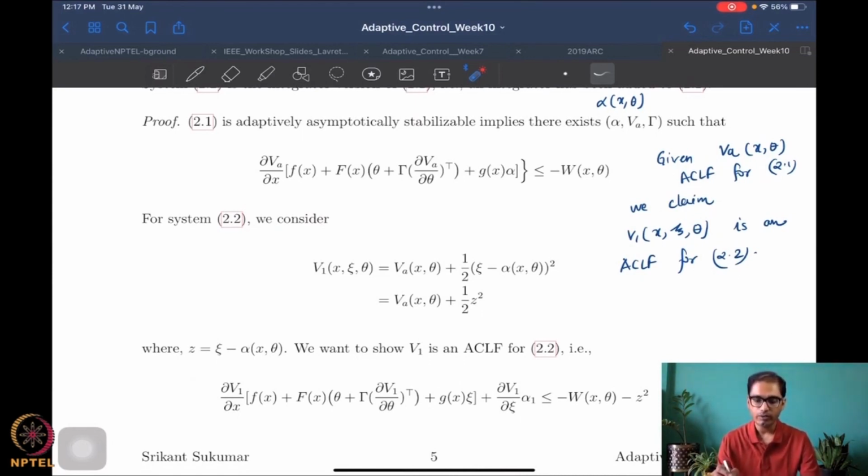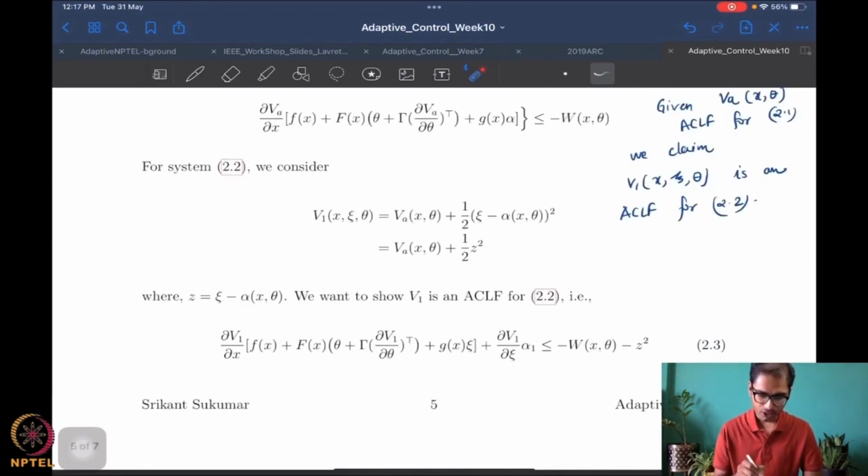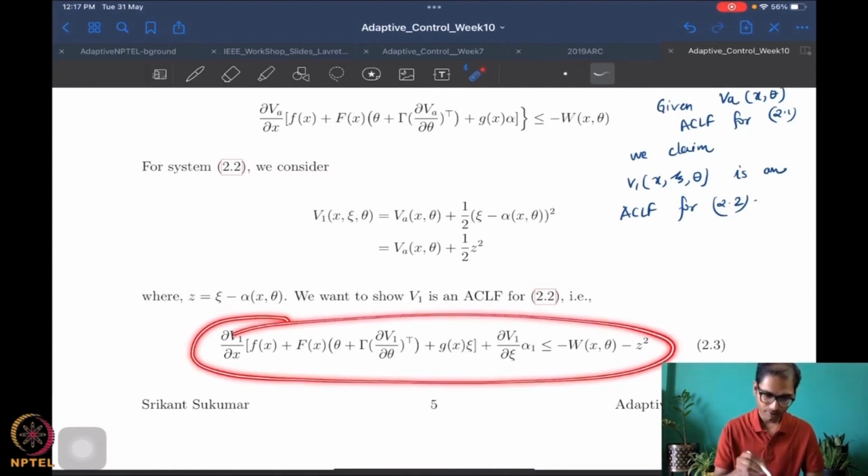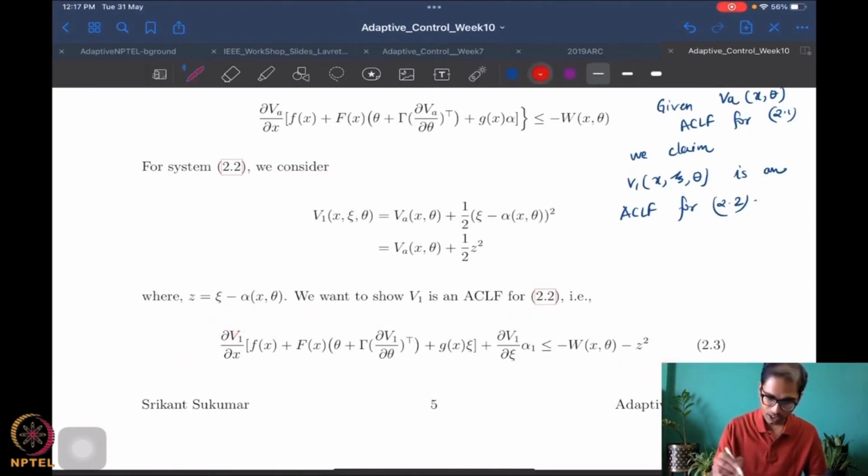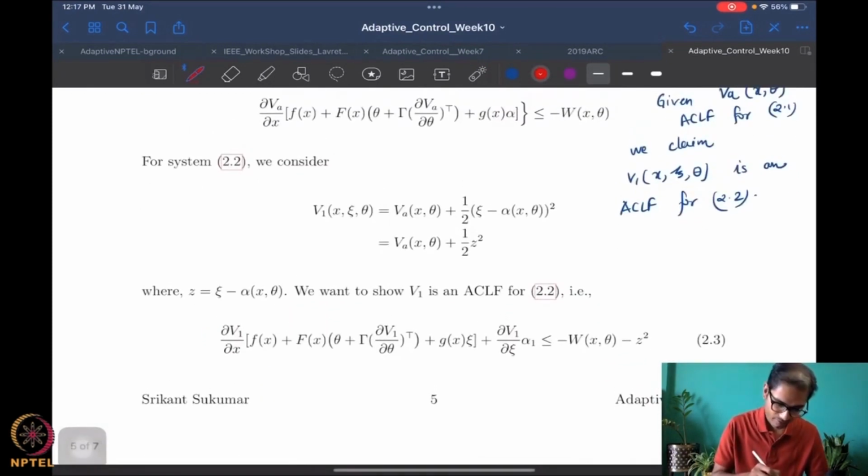All right. So how do we do that? We just try to compute the ACLF inequality. What is this ACLF inequality? We will demonstrate this inequality.